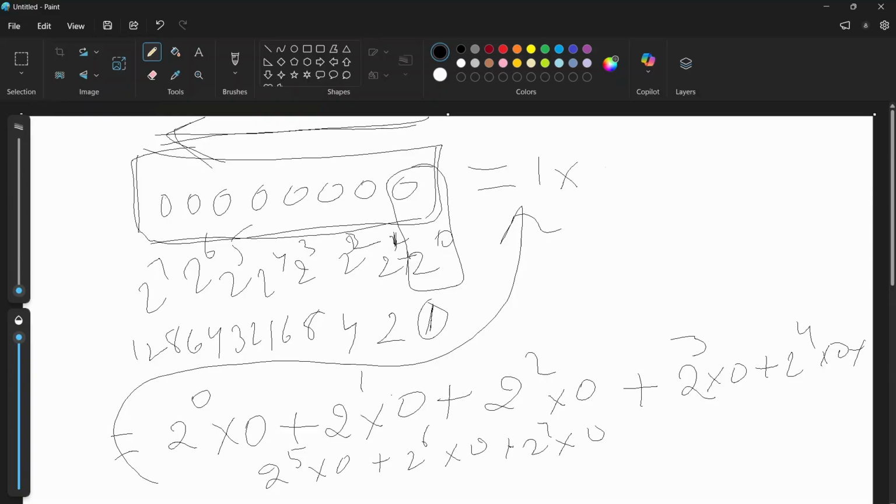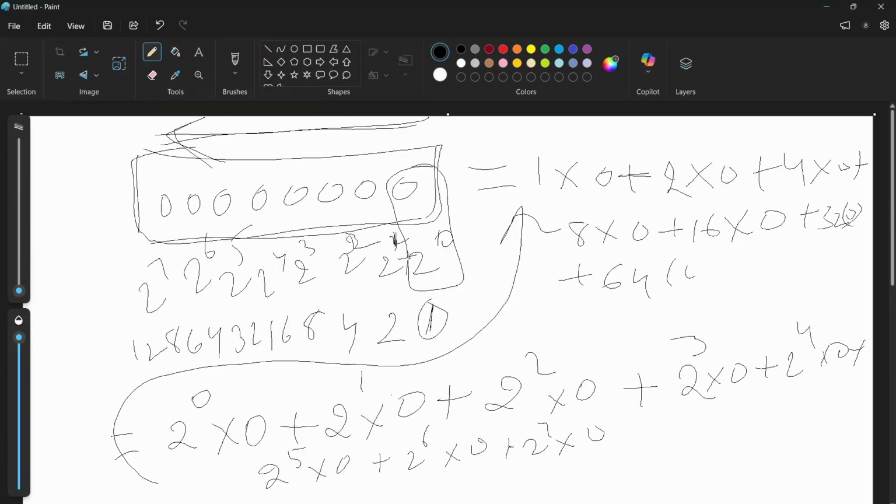1 into 0. 2 power 1 means 2, so 2 into 0, plus 4 into 0, plus 8 into 0, plus 16 into 0, plus 32 into 0, plus 64 into 0, plus 128 into 0.